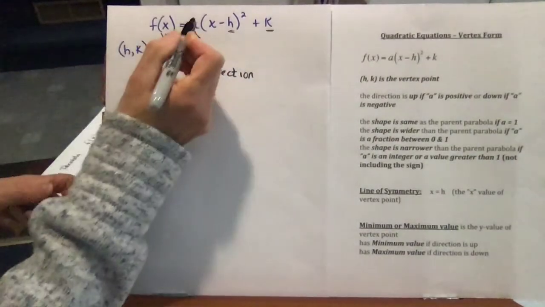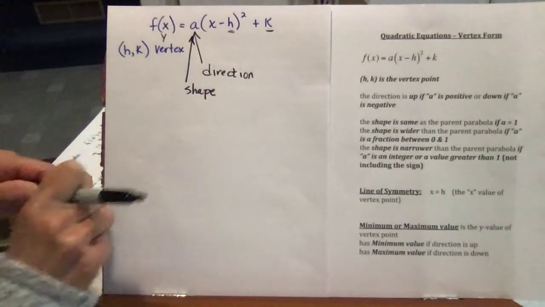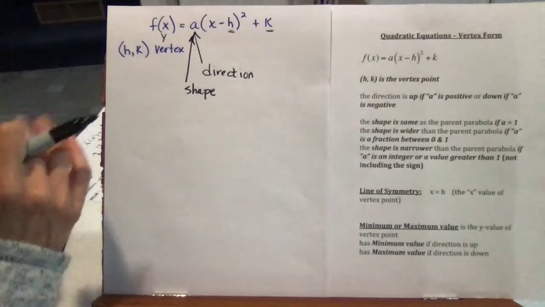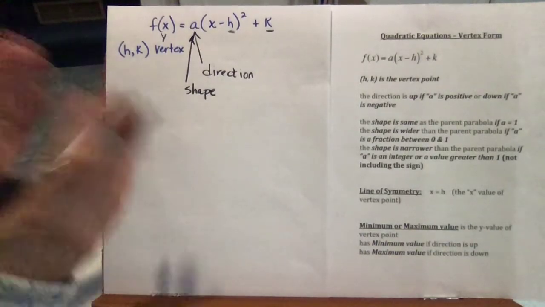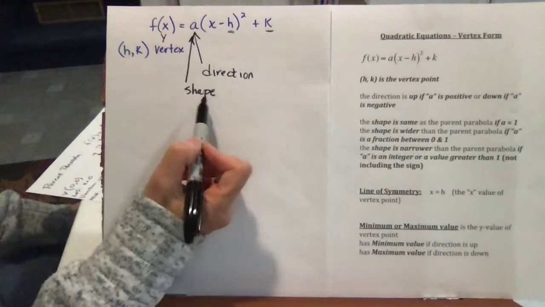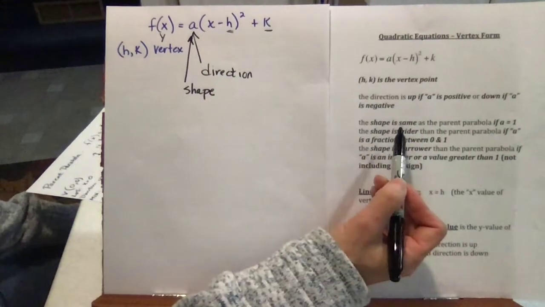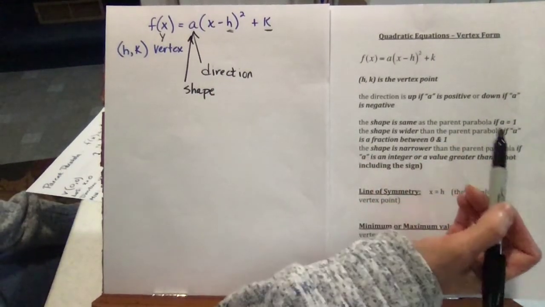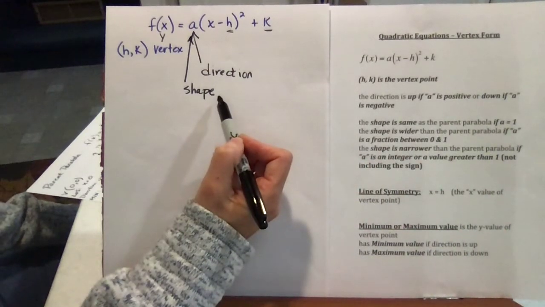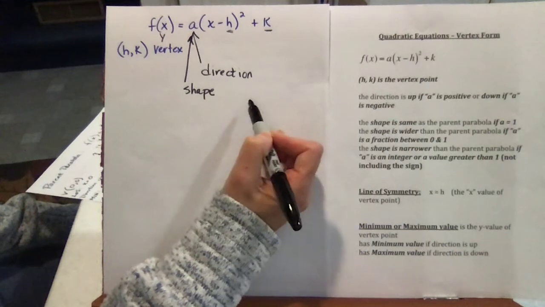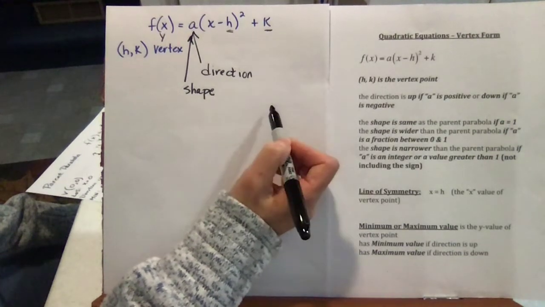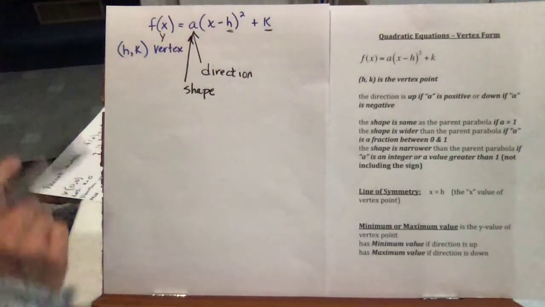If it's 1 or a negative 1, because remember the direction is going to be the sign, so we're going to ignore the sign once we know the direction. We're only going to look at the absolute value of that number a. So if the a value is equal to 1, absolute value now, without the sign, then we know it's the same shape as the parent, which means you go to your vertex, right 1, up 1, right 2, up 4, right 3, up 9, and use symmetry on the left.